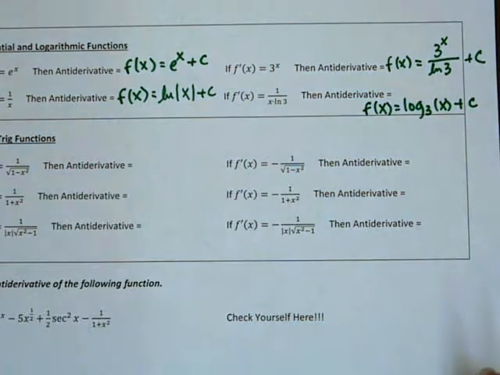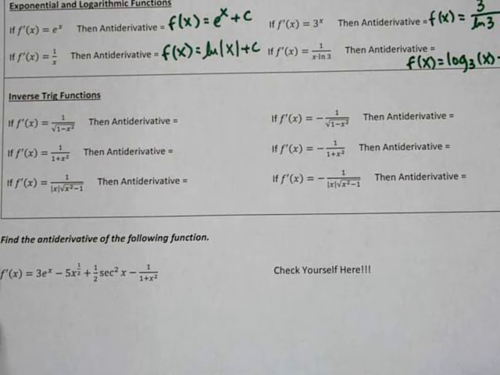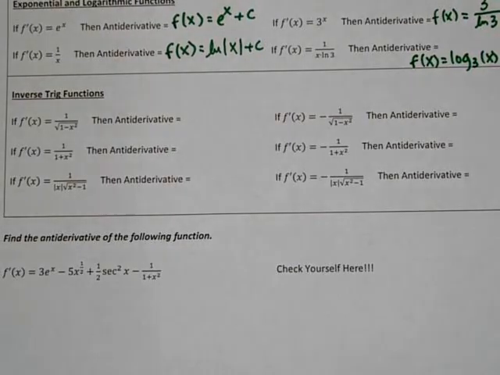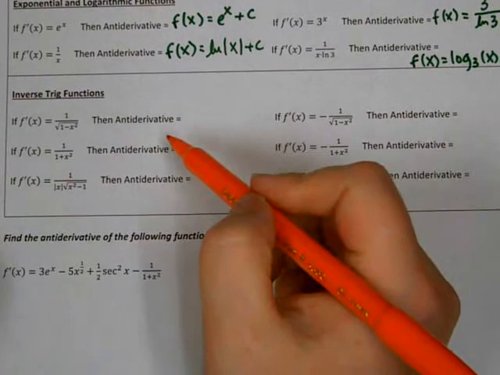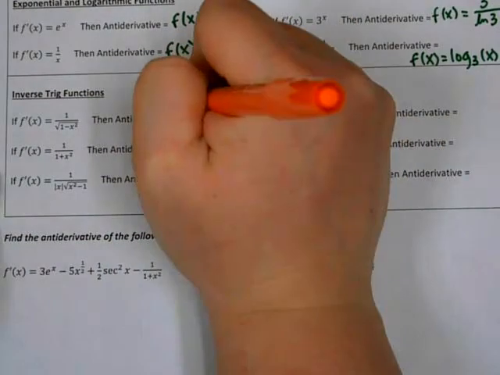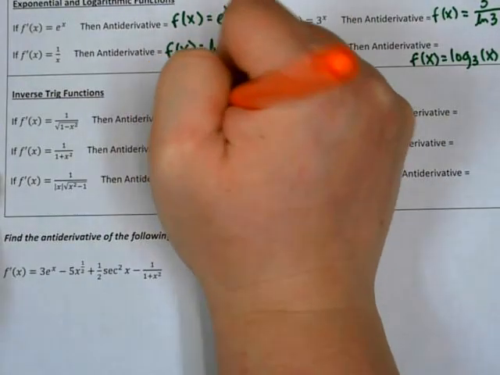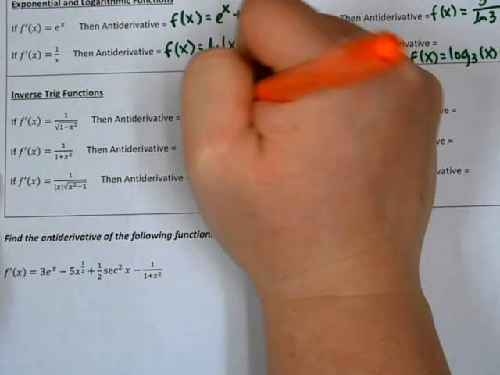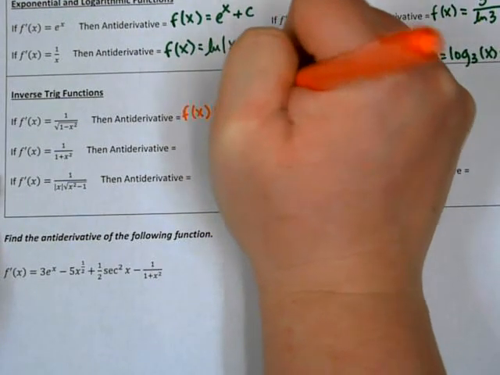All right. Then we need to look at our inverse trig functions. So for this first one, we know that f of x is going to equal inverse sine of x plus c.